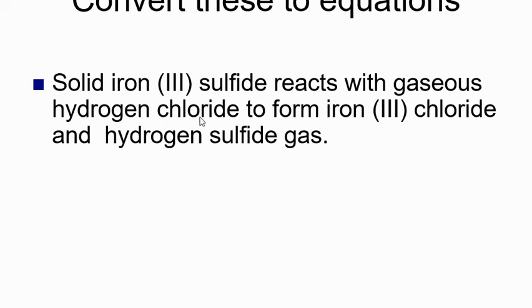Hydrogen chloride to form, that's going to be the arrow, iron 3 chloride, and remember, and is the plus sign, hydrogen sulfide gas. What I want you to do, pause the video right here and try to write out this equation. Try to write out the symbols that are described right here. Go ahead.